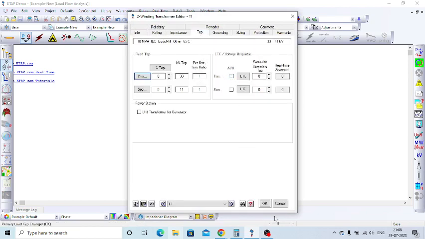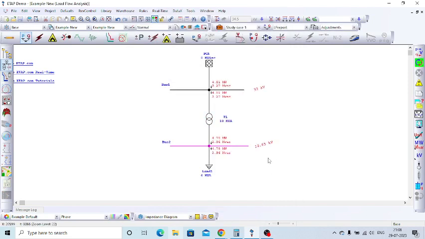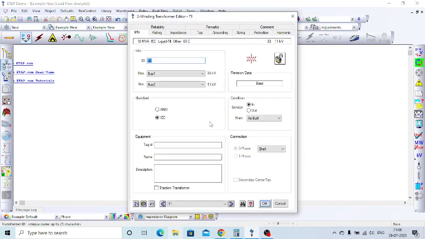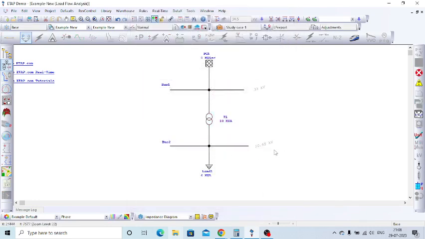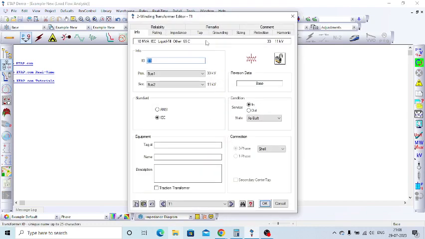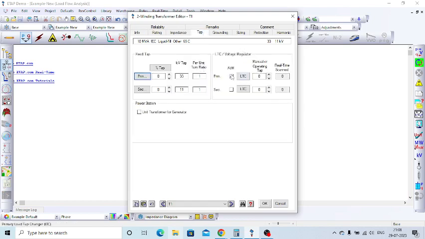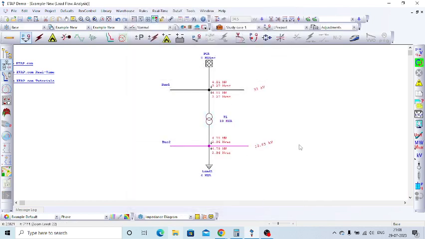So now I just disable that OLTC function. You just see the voltage went back to the original voltage, 10.65. So by enabling this tap changing function, it will maintain the bus voltage. So this is the first option, changing the transformer voltage.